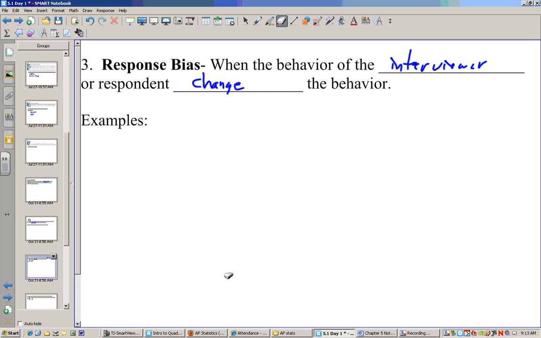Sometimes it depends where they're asking the questions. If they're asking a question about abortion right at a church, they might get a different response than if they ask those same people at their homes. So there's a lot of things that could produce a response bias.